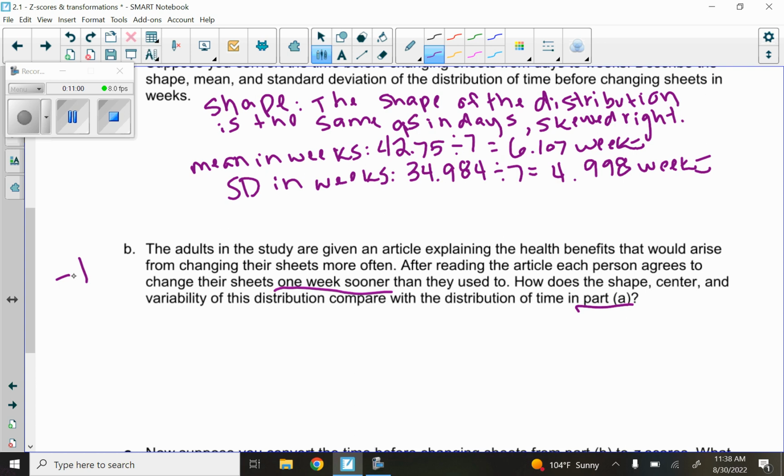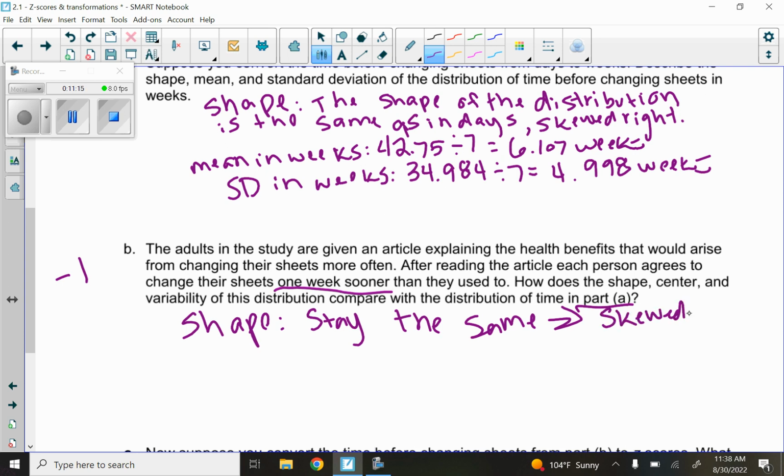So shape, once again, is going to stay the same. I'm going to shorthand this. And that would be skewed right. Mean, so think back to that example we did.